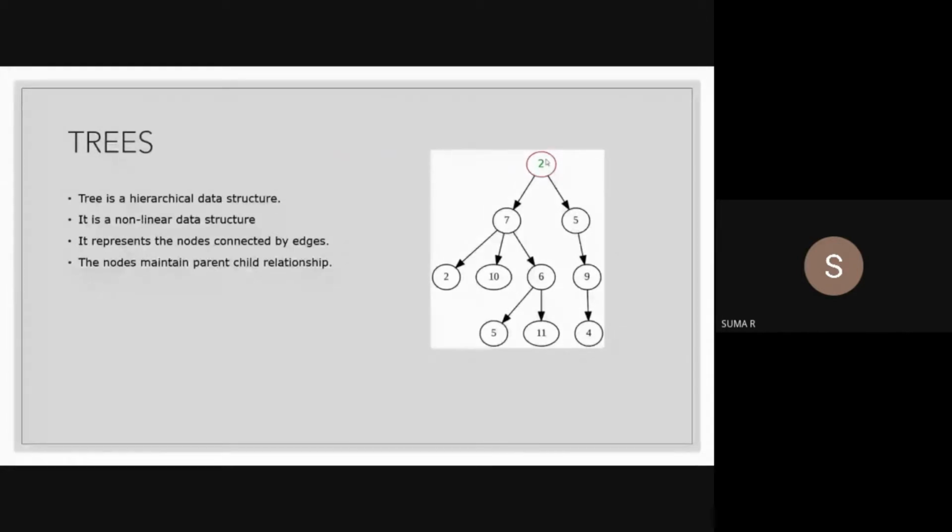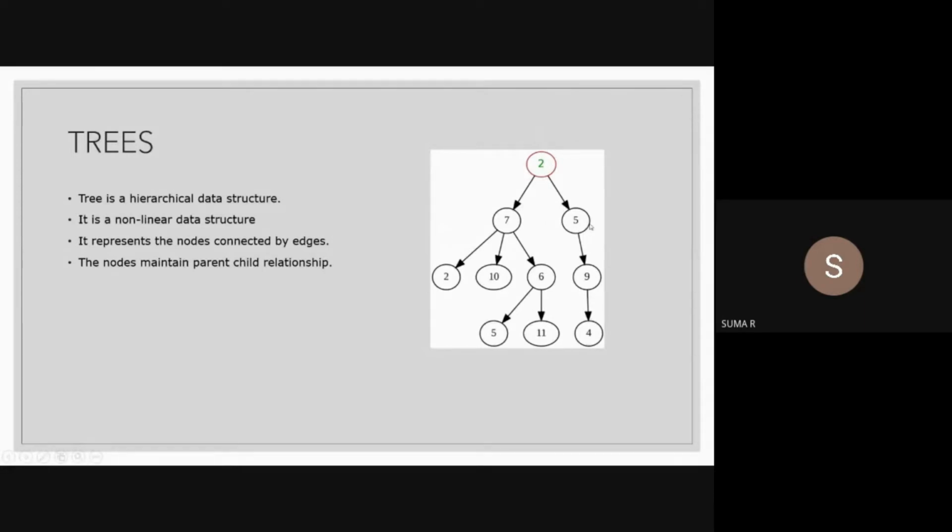So here, the data are stored in something called nodes. These nodes are also called vertices. These nodes are connected by using edges. These nodes maintain a parent-child relationship.